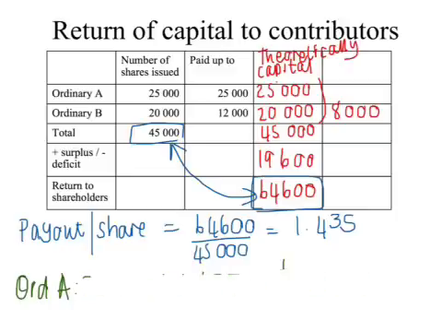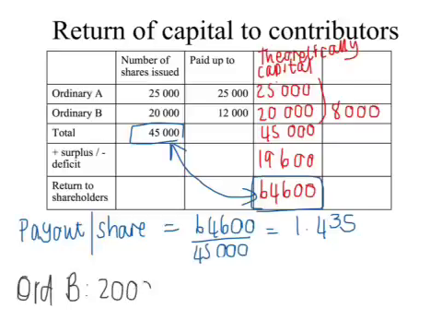And let's look at the B shareholders. The ordinary B shareholders will receive 20,000 shares times 1.435. That gives us an amount of 28,700.